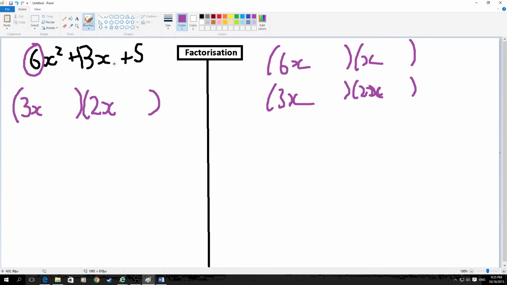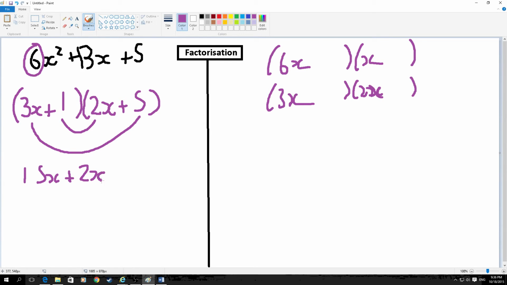I can see straight away what numbers are going to go in, so a 5 would go here, and the 1 would go here, because 3 times 5x is 15x. No, it doesn't. Well, alright, yeah, but I'll do it anyway. I was just tricking you. 15x plus 2x is 17. That doesn't work.